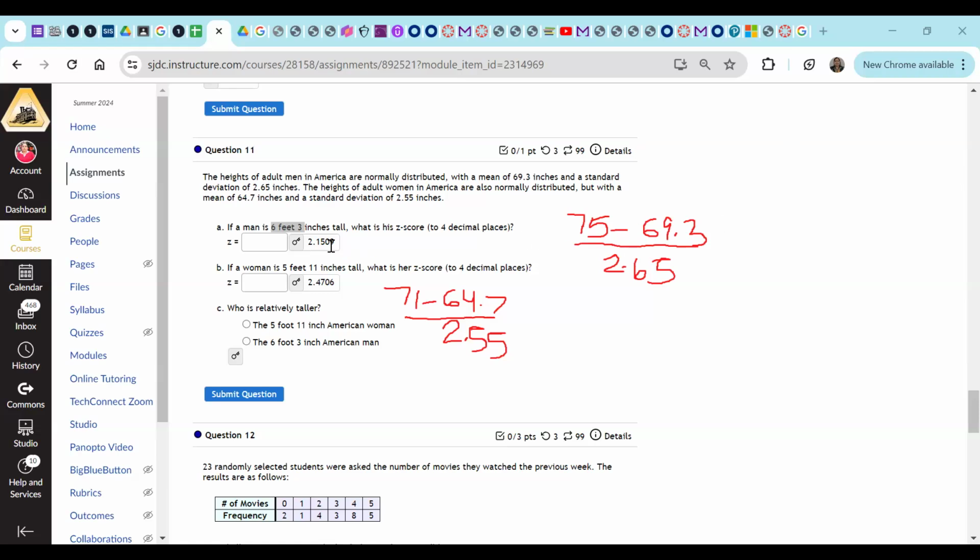After comparison, we see that the women's value is 2.47 for the Z-score. We are comparing just the Z-score. In the comparison, whose Z-score is higher, that's what we are telling. They're saying who is relatively taller, the 5'11" American woman or the 6'3" American man? What do you think? Who's taller according to Z-score?